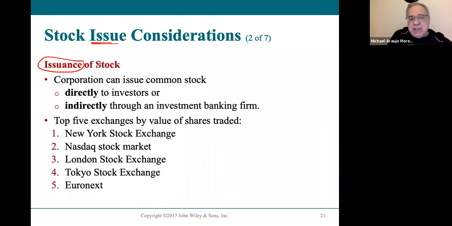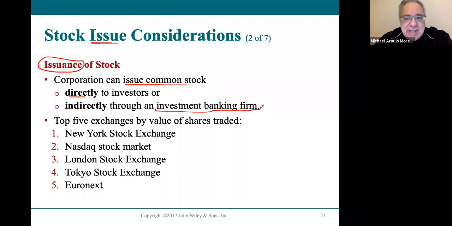So corporations can sell common stock directly to the investors, which is quite common in terms of what happens in most corporations. Most corporations are private. Most corporations are small in that regard. Or corporations can hire an investment banking firm.